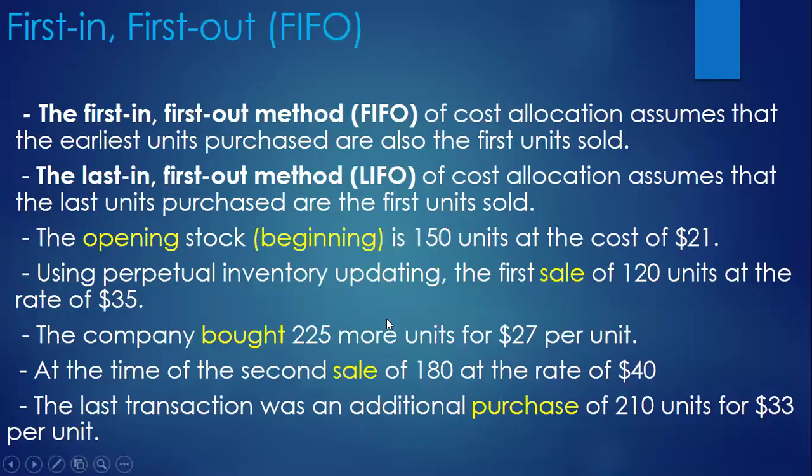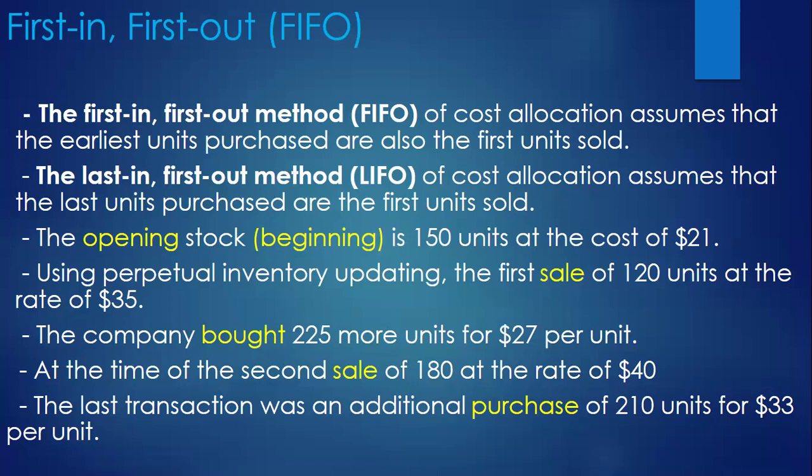Finally, I need to get what is called a gross margin. How much margin did I make, or how much gross profit, not a net profit, how much gross profit I have made based on these transactions. So let's calculate our sales.